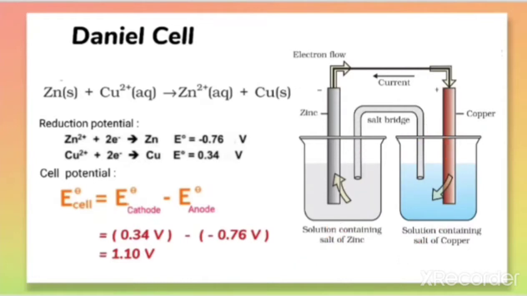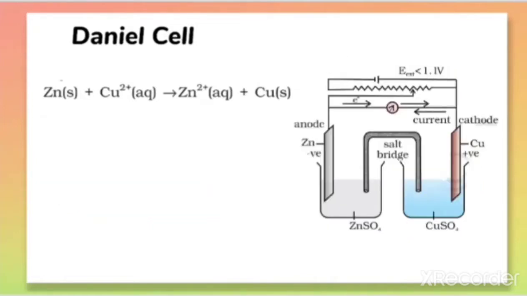Now let us consider an arrangement in which the external opposing potential is applied, as shown in this figure. Here the cell is the same, but an external opposite potential is applied. Let us assume that the external opposite potential is increased slowly.